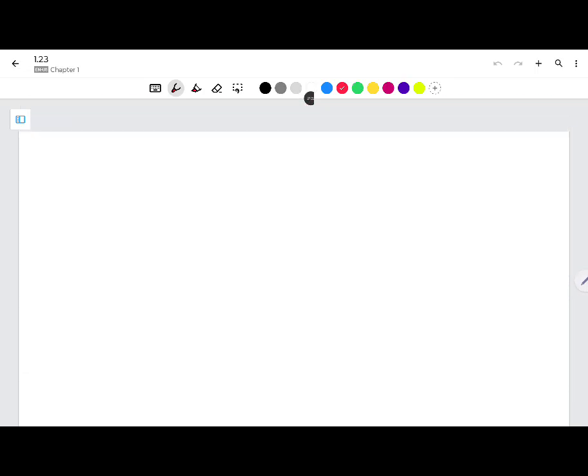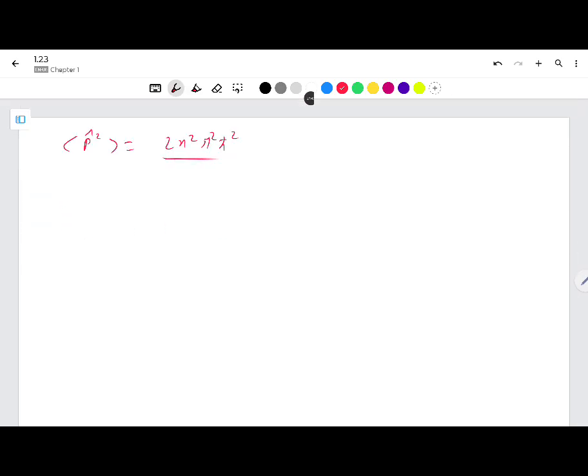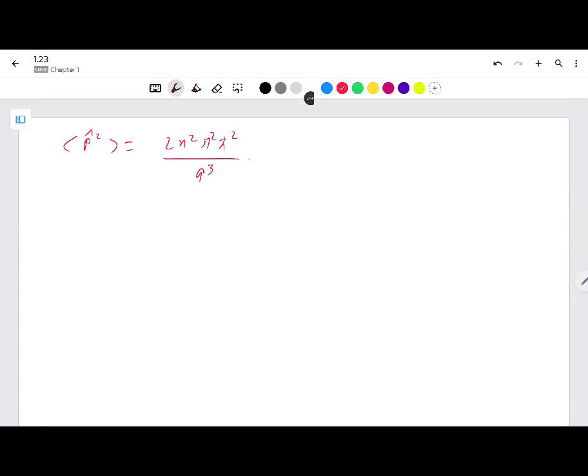So 2 n squared pi squared h bar squared divided by a cubed, times a by 2, is nothing but n squared pi squared h bar squared over a squared.